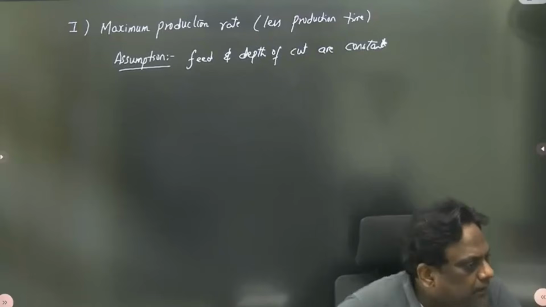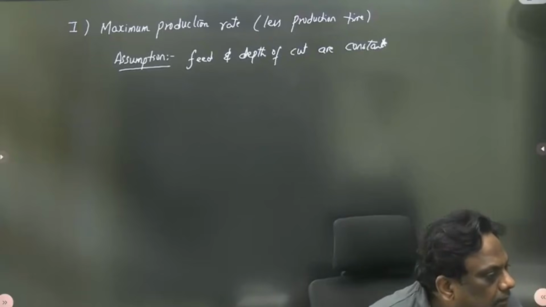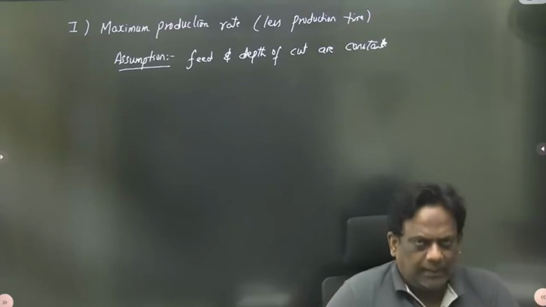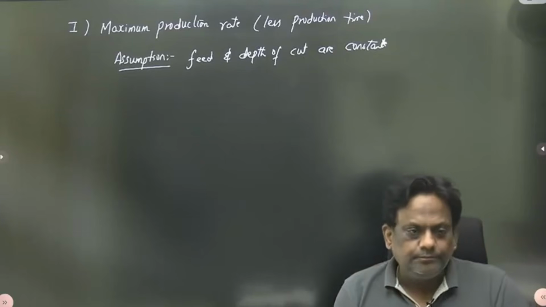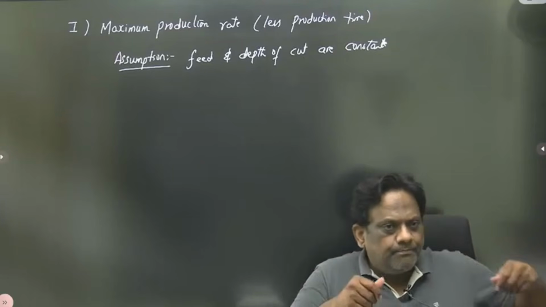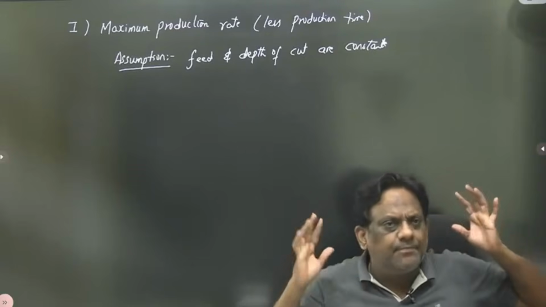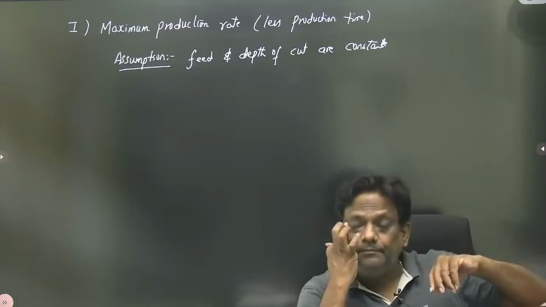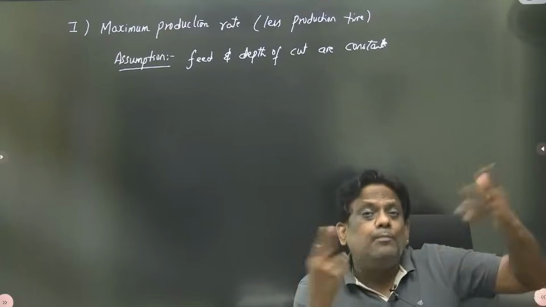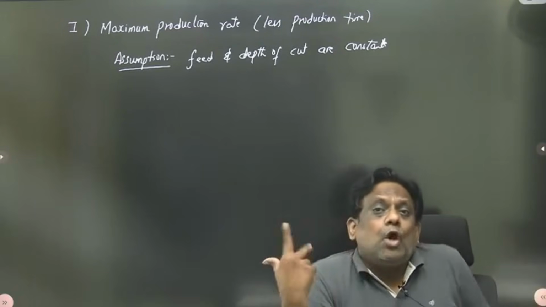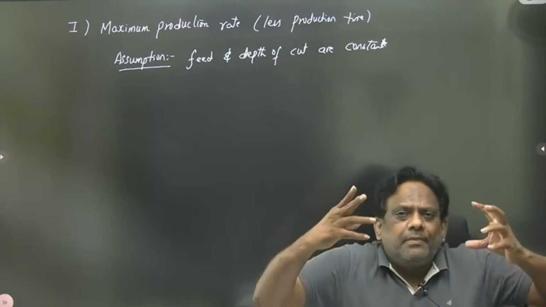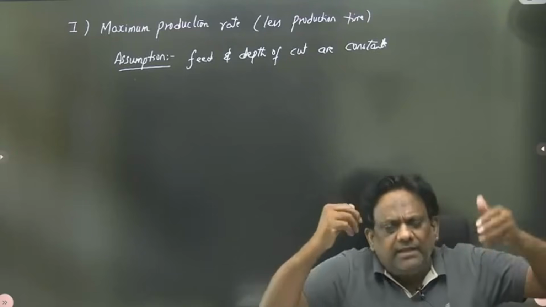ओके, अब देखो. ये assumption है सर. Now my dear students, first क्या करेंगे सर आप? Look at non-productive time. What do you mean by non-productive time? You will be mounting the workpiece.